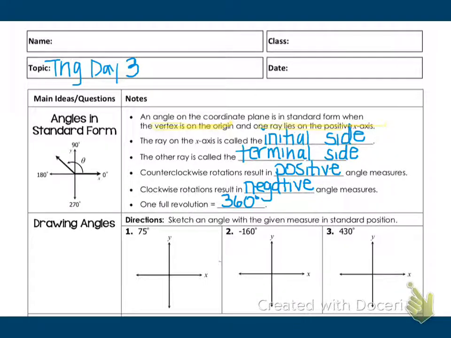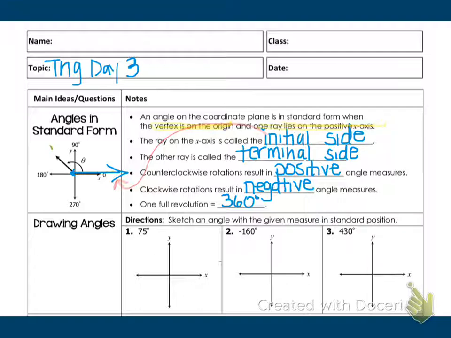As you can see here in the example, we started off with a ray on the x-axis pointing in the positive direction, and the vertex is at the origin, right there at (0, 0). The ray on the x-axis is called the initial side. Now the terminal side is the side that gets rotated.